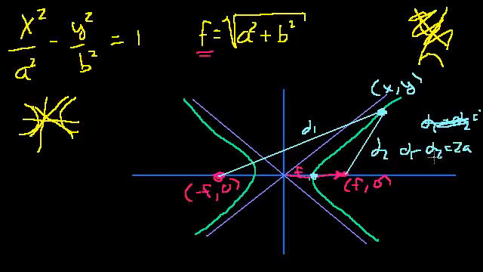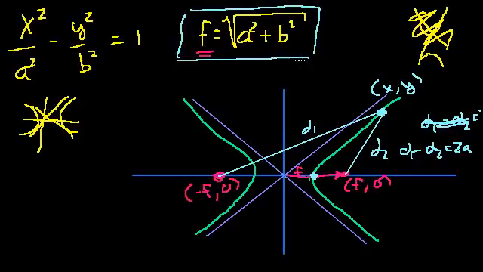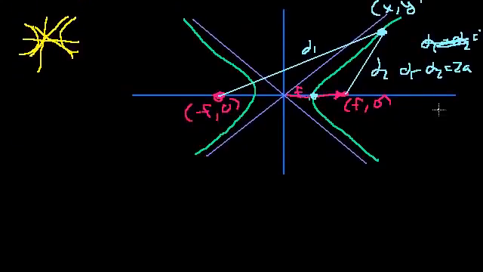So let's use this fact, that d1 minus d2 is equal to 2a, to try to prove this. The first thing to do is figure out what d1 and d2 are, just using the distance formula. d1 is the distance between this point and the point minus f comma 0. We just use the distance formula, which is really just the Pythagorean theorem.